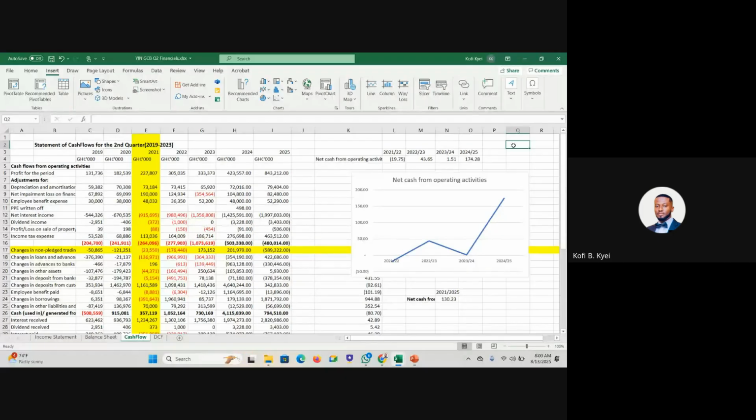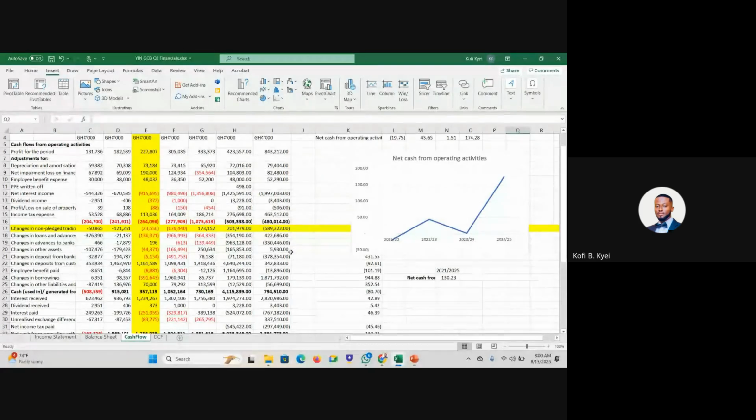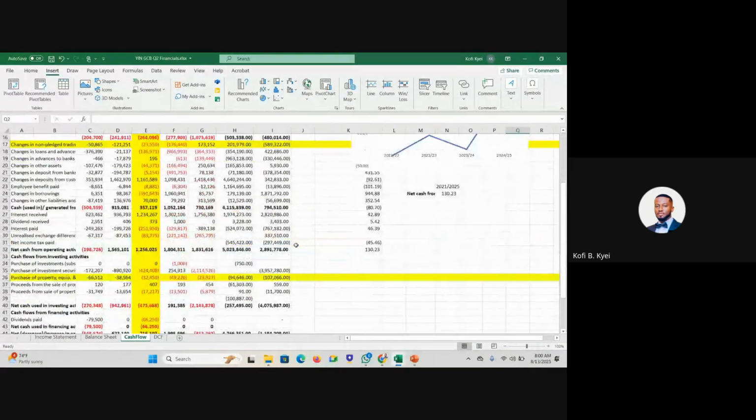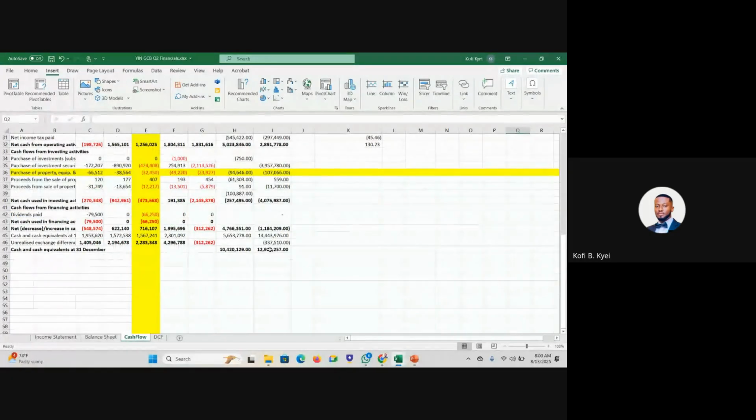The next sheet is the cash flow statement, where we can tell the cash available to the institution at that very point in time. So as at half year 2025, this was the cash flow position of GCB. The cash and cash equivalent stands at 12.2 billion.